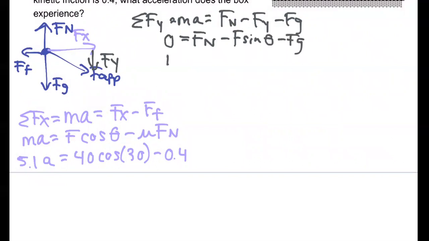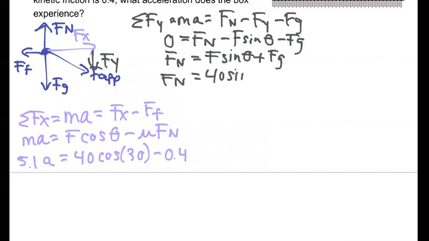So to get normal force by itself, I'm going to add the other two forces to the other side, which gives me force sine theta, that's my applied force, plus force gravity. Fn, so that gives me my 40 sine 30 plus 50. So that gives me a normal force of 20 plus 50. So now my normal force is 70.